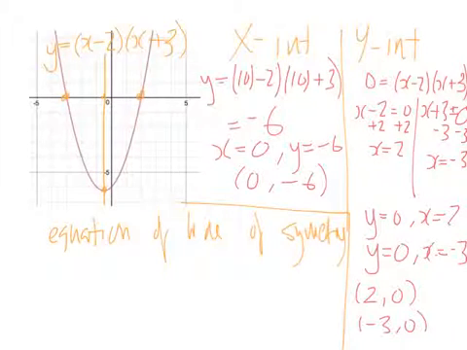They say, what's halfway between negative 3 and 2? And they'll get that halfway between them is negative 0.5.